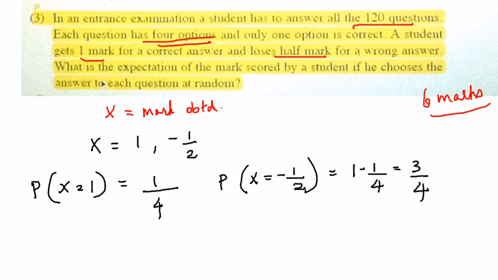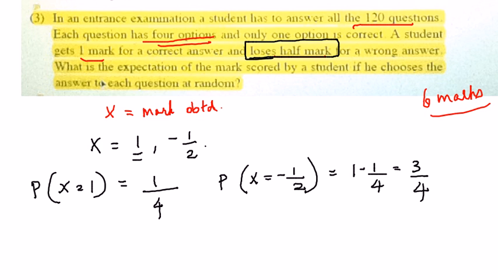This is slightly different from the sums we've done earlier. So if we are assuming that X is a random variable and it is denoting the marks obtained for answering a question, that's why X takes the values of either 1 or minus half. 1 if the answer is correct, and minus half. Why am I taking it as minus half? Because they have given it as he is losing half a mark if he answers incorrectly.